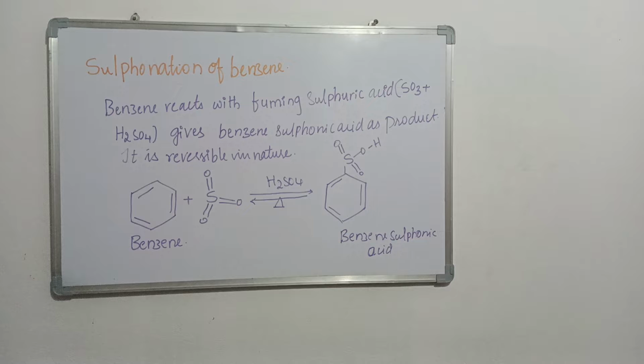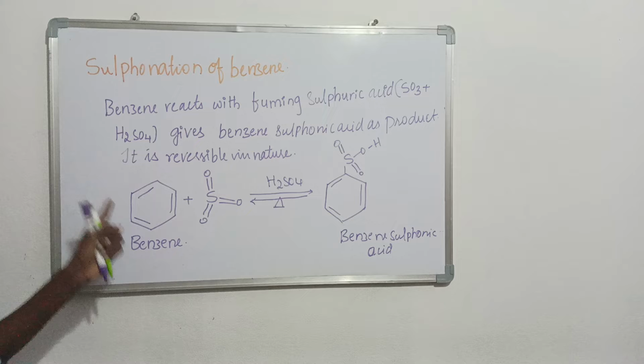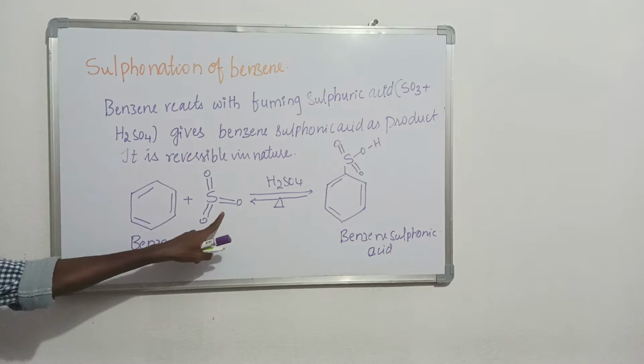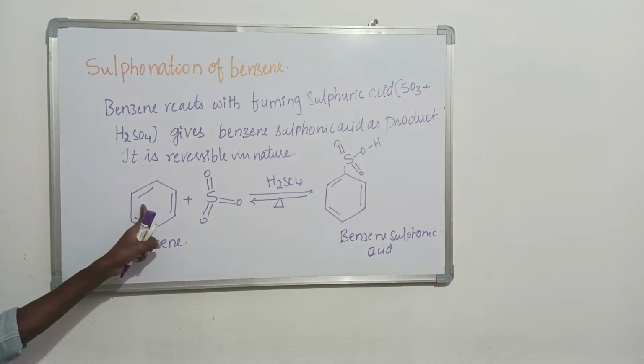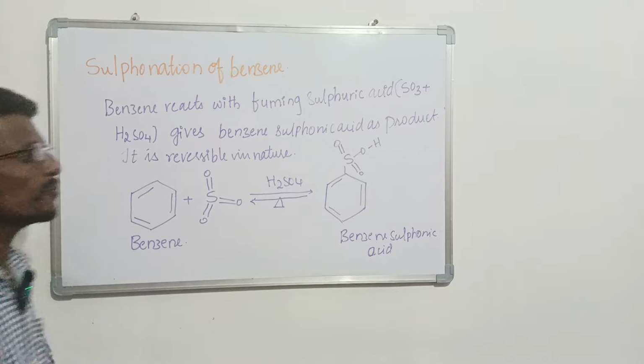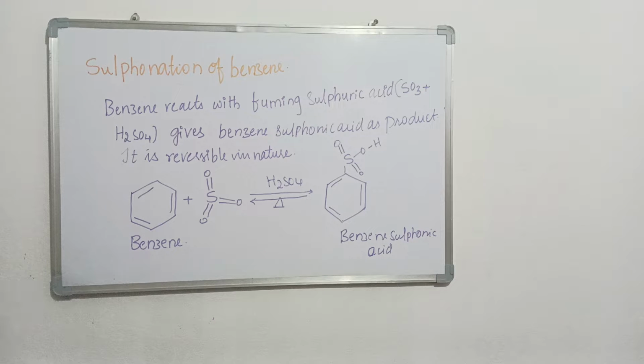Benzene reacts with fuming sulfuric acid to give benzene sulfonic acid as a product. It is reversible in nature, meaning the benzene sulfonic acid can convert back into benzene plus sulfur trioxide, and benzene reacts with sulfuric acid to give benzene sulfonic acid.